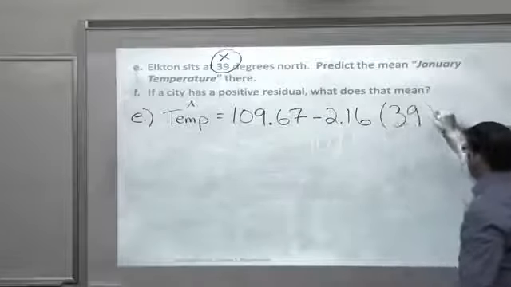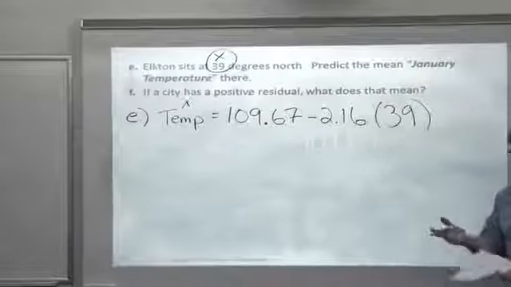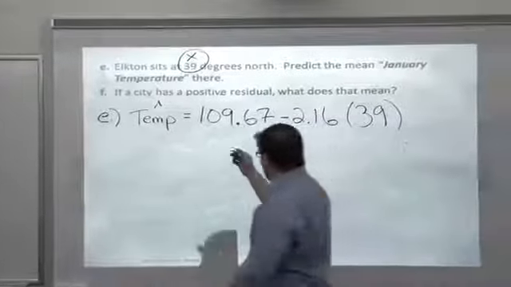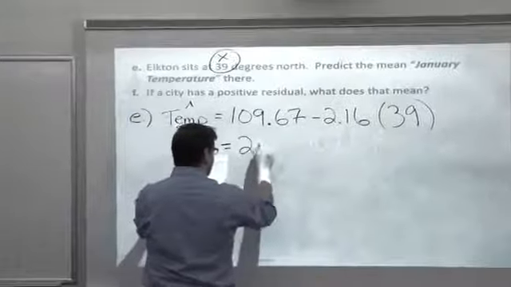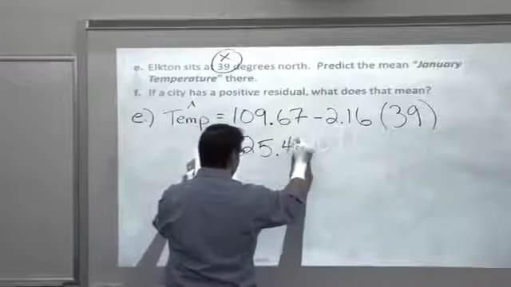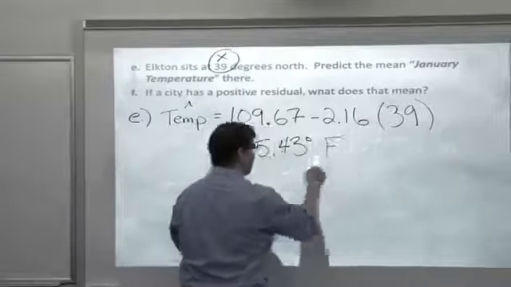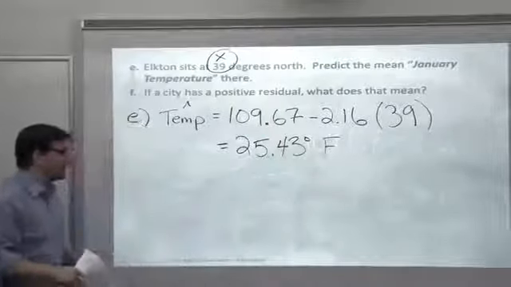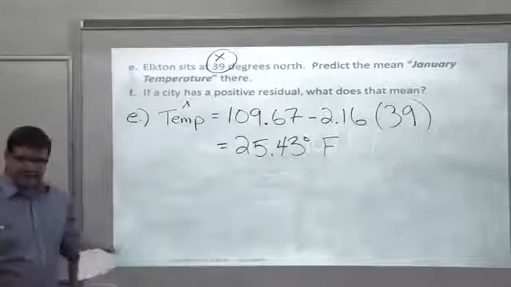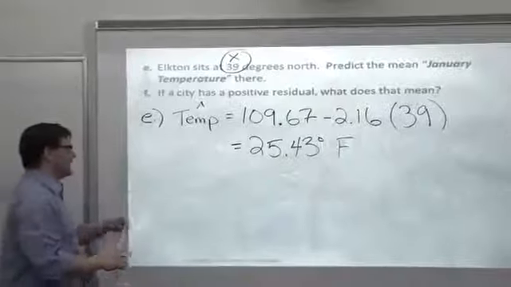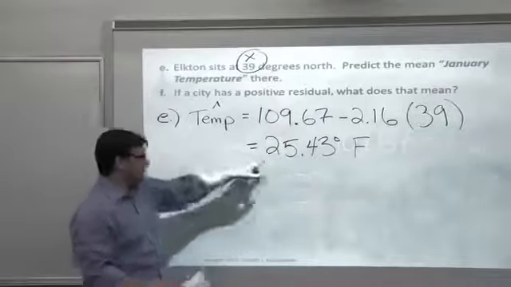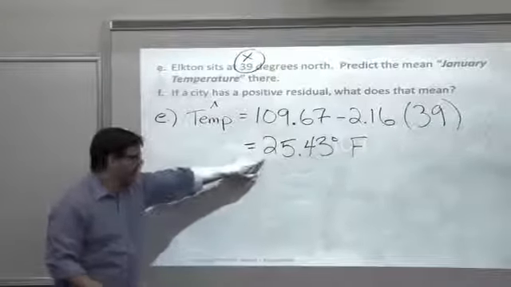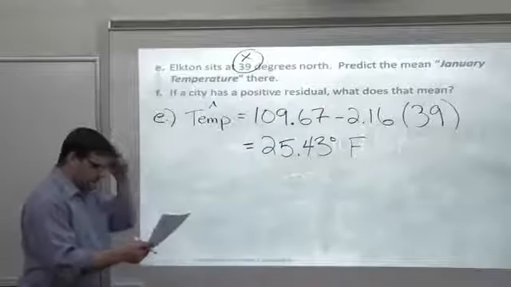I plug in a 39 here. I go to my calculator, plug this in, and get the numerical answer, which is 25.43 degrees. So the equation based on the data from the 50 cities is telling us that Elkton is predicted in January to have an average temperature of 25.43 degrees.